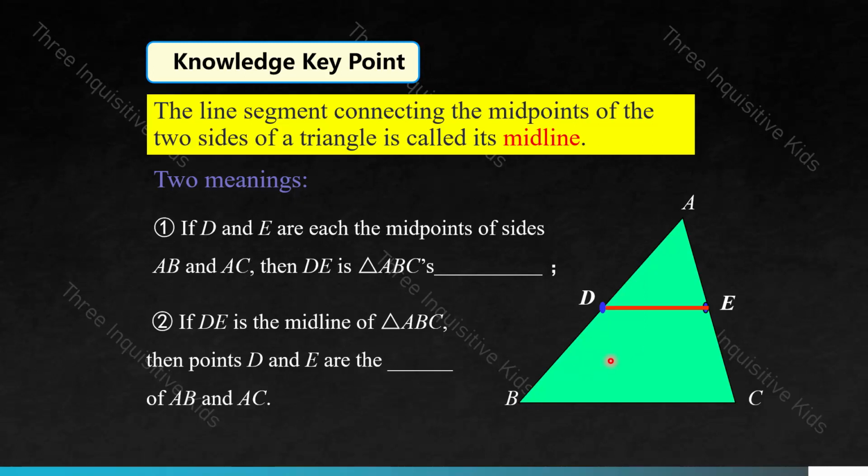A triangle can have a total of 3 midlines, since there are 3 separate midpoints, and if you connect all 3 midpoints on a triangle, you will get 3 separate line segments. If D and E are each the midpoints of sides AB and AC, then DE is triangle ABC's midline. And if DE is the midline of triangle ABC, then this means that points D and E are the midpoints of AB and AC.